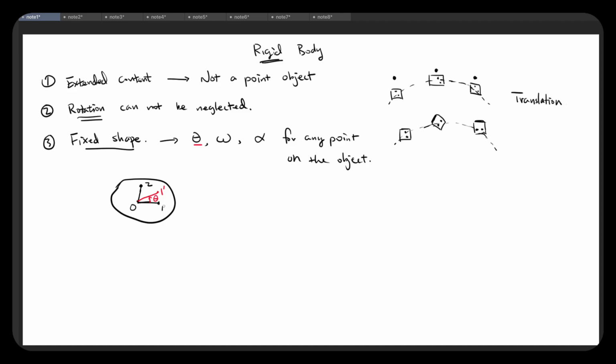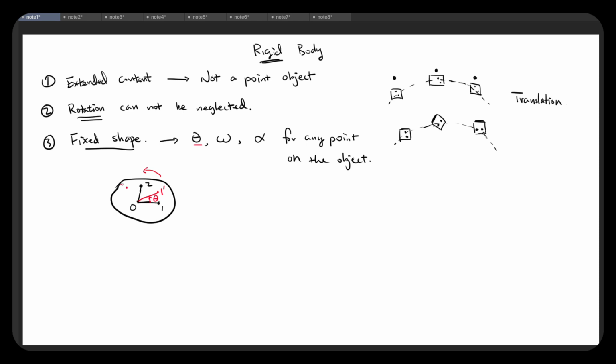So the object rotates in a counterclockwise direction. Now the point 2, this point also does the same rotation. But now think about the object can change shape. If it can change shape, then we cannot say exactly the same angle here.